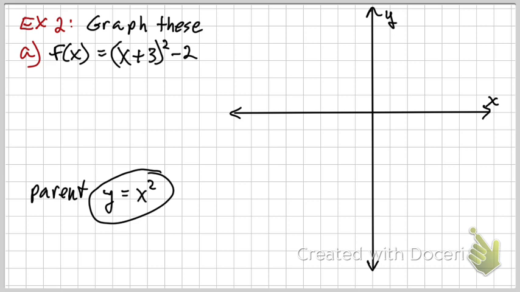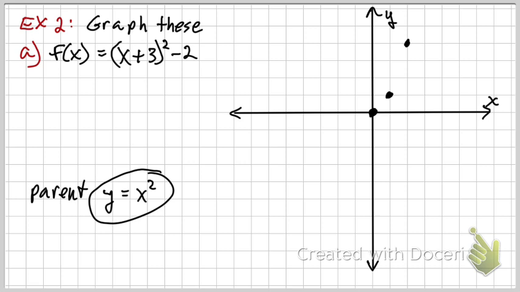Let's graph it. And I'm just going to use dots here. So when x is 0, y is 0, because 0 is squared. When x is 1, 1 squared is 1, so y is 1. When x is 2, y is 4. And so on.